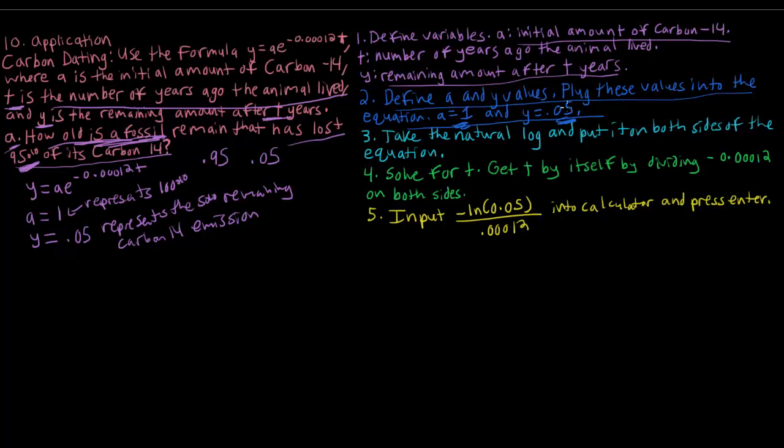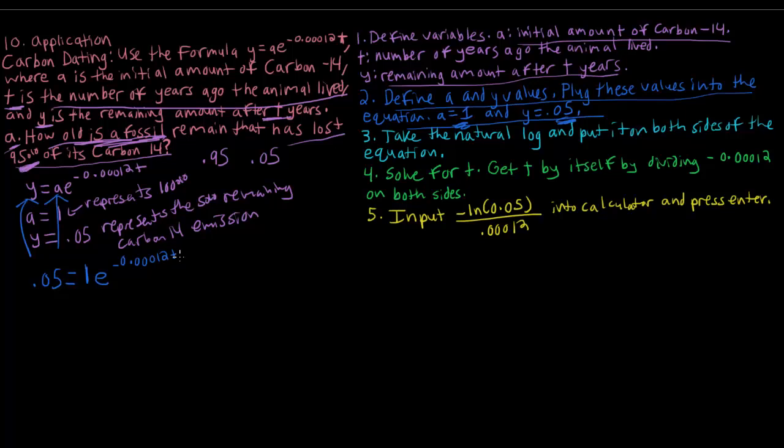So we just plug these y and a values into our initial equation. y is 0.05 equals a is 1, times e, our Euler function, raised to the negative 0.00012 t.